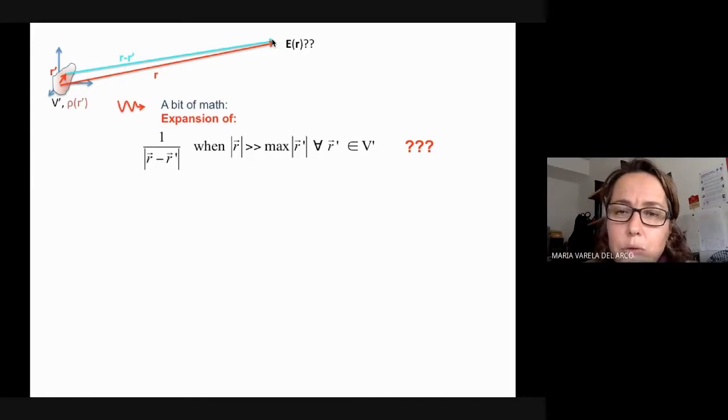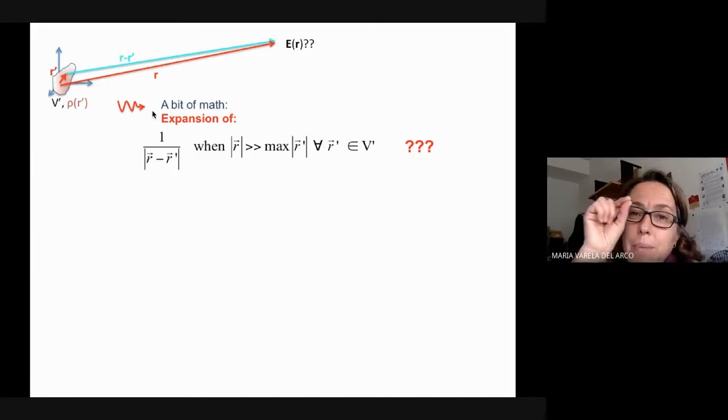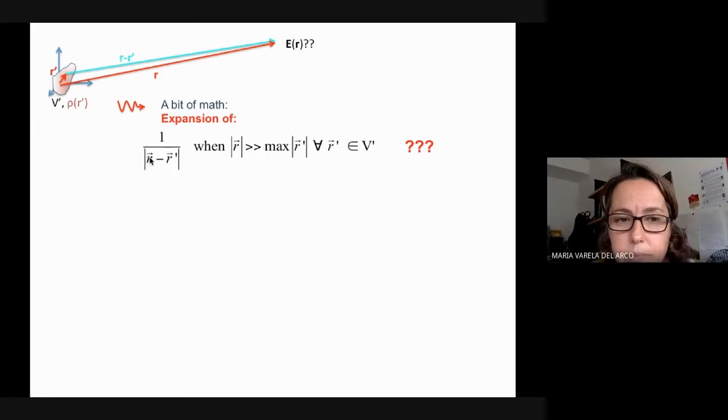And don't allow yourselves to be fooled by the math, okay? It's just basically going to be easy. Since in my electrostatic potential, there is a term inside that goes like 1 over the distance, in other words, 1 over the modulus of r minus r prime, can we actually do an expansion of this term when the modulus of r, in other words, this long vector here, is much larger than any possible modulus of r prime, in other words, the maximum of r prime within my sources, for all r primes inside my v prime, in other words, when we are very far away, okay?